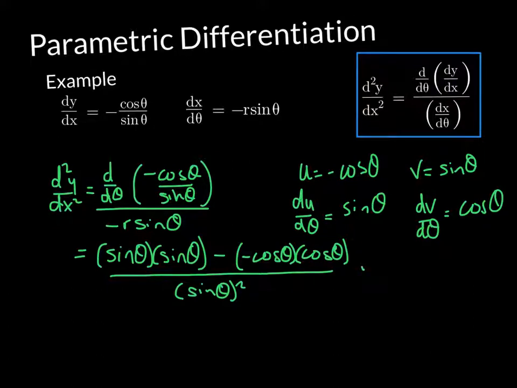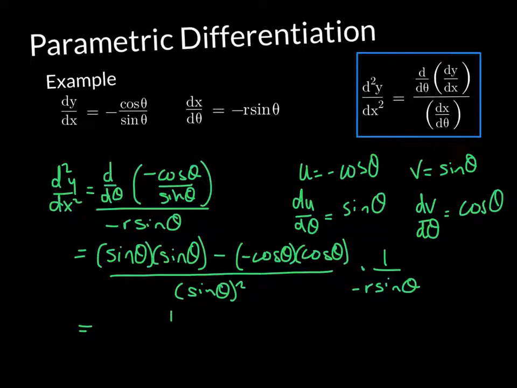And then to add to this, we have from here minus r sine theta from the bottom line of the d2y by dx squared. So we can then say, hopefully you'll recognise that on the top line here we have essentially sine squared plus cos squared. So that actually goes all to 1.